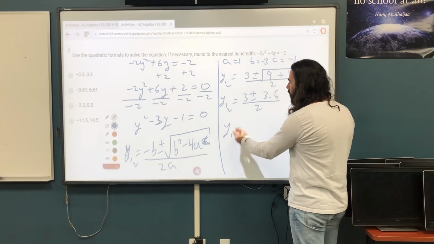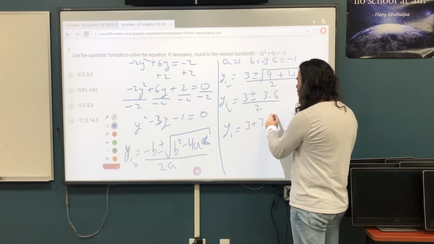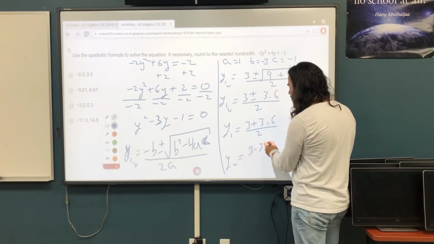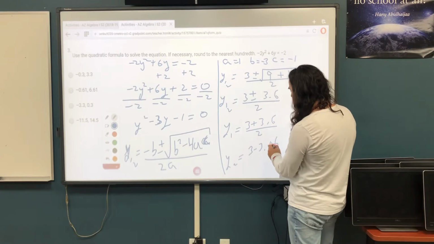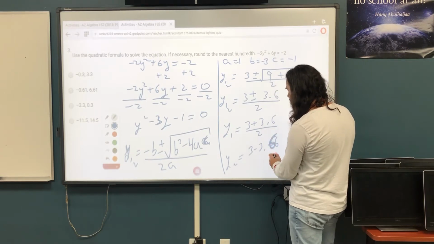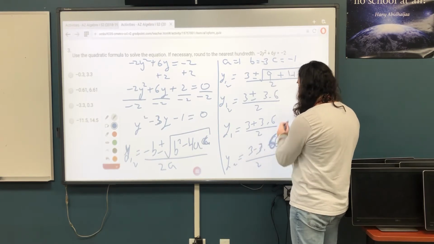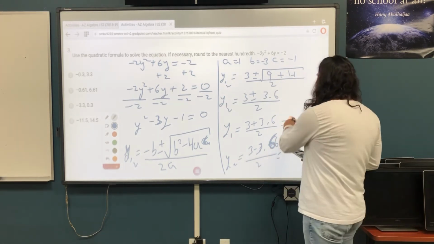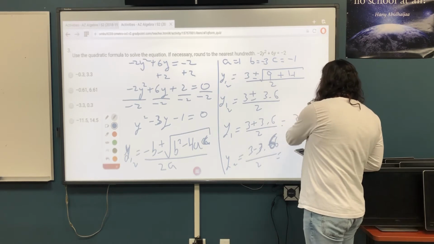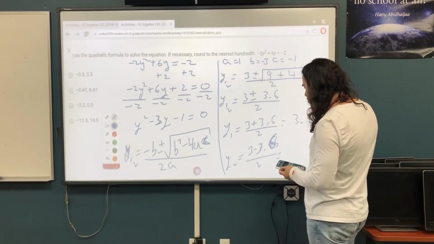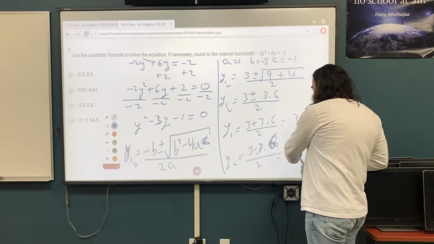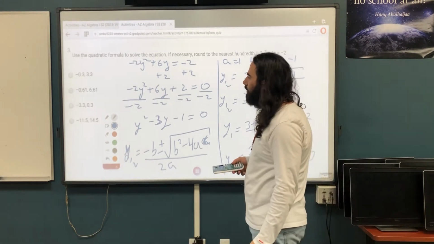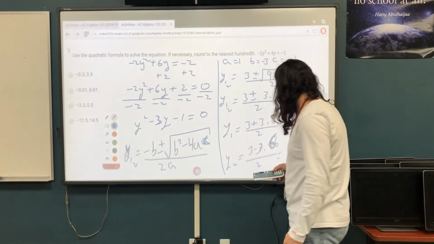So solution 1 will be 3 plus 3.6 divided by 2, and solution 2 is 3 minus 3.6, sorry, divided by 2. So the first one will be 3.3, I would think so. And the second one will be negative 0.3.